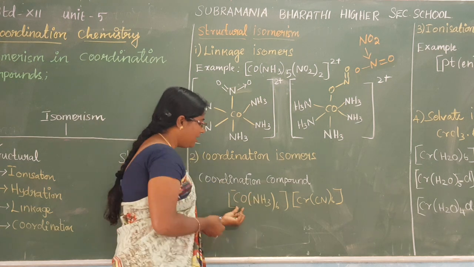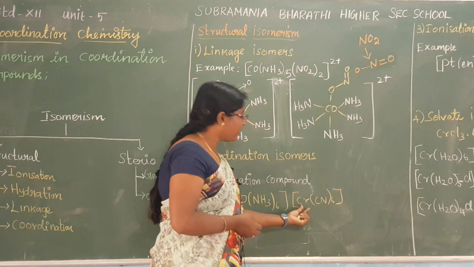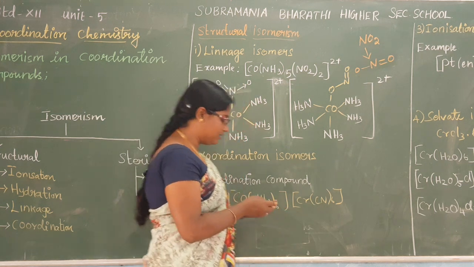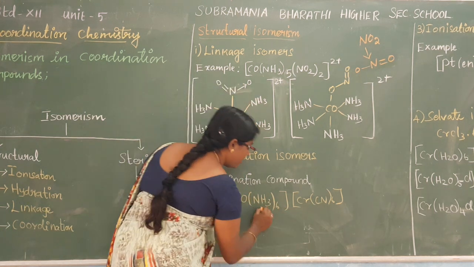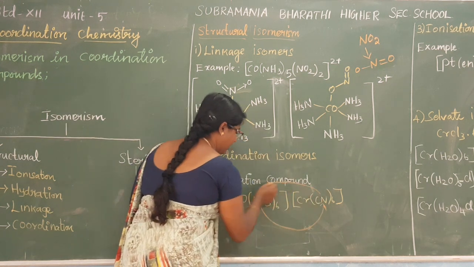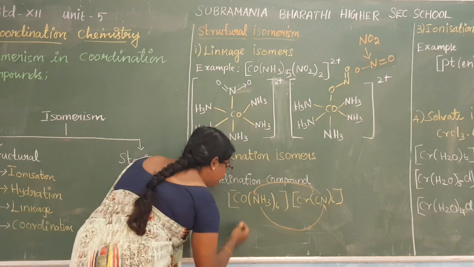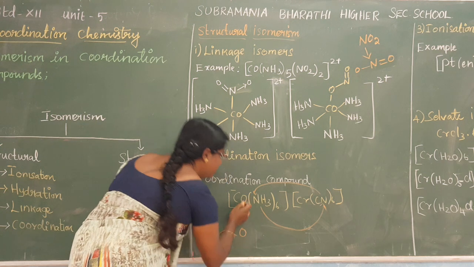Say for example, here with the cobalt NH3 is attached, with the chromium cyanide ion is attached. This ammonia will interchange here and this cyanide will come to the cobalt. So if I write the structures here, how can I write?